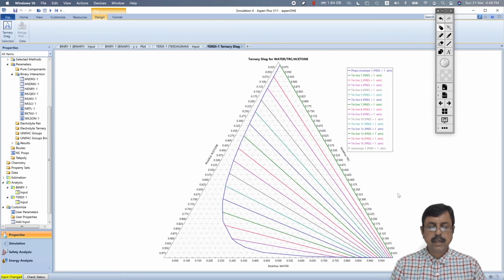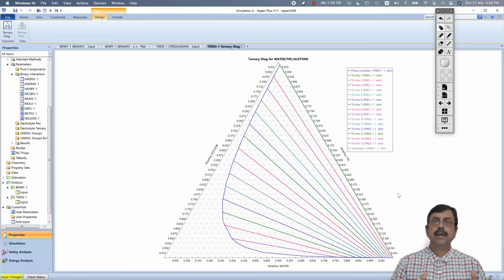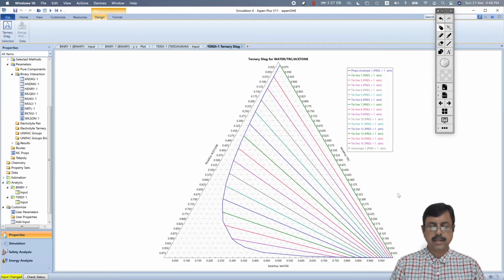Now, initially it was equimolar, right? Because in the B1 mixture, it was 1 kilomole per hour of water, 1 kilomole per hour acetone, and 1 kilomole per hour TRC. I'm not talking about two extractors in series. I'm talking about the case where we were using single extractor.